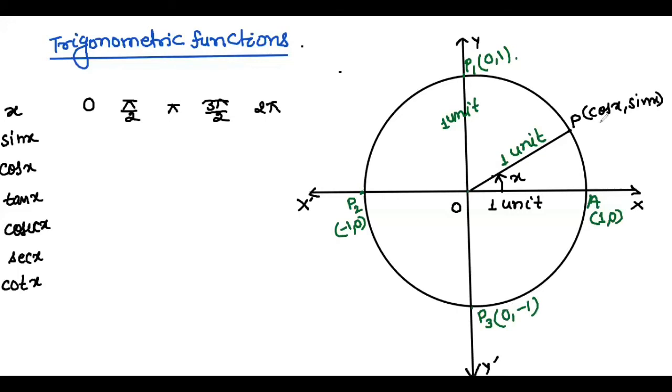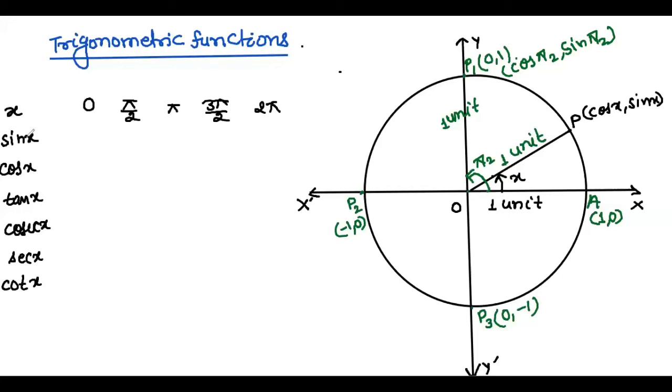Now we have seen that the coordinates of P are cos x and sin x. Now this P is at P1, so we can write cos of pi by 2, then sine of pi by 2, because the angle is pi by 2. The value of cos of pi by 2 is 0 and sine of pi by 2 is 1.